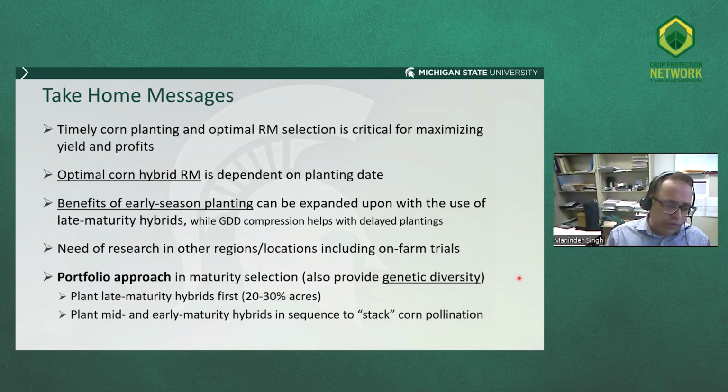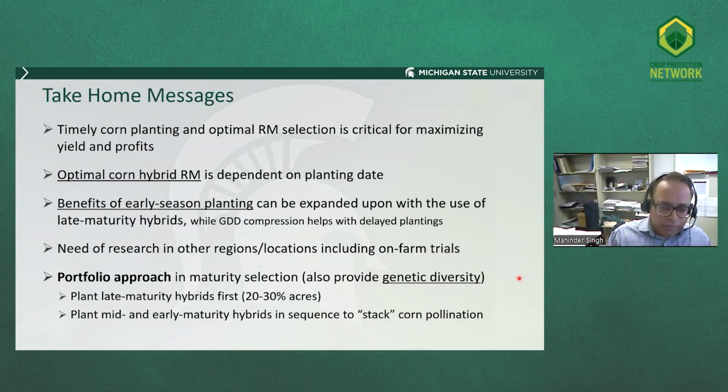And we know our fields. Based on field conditions, soil texture, drainage, slope, or low-lying areas, there are fields that are good candidates for early planting, maybe 20, 30%. Think about using later, longer maturities in those.